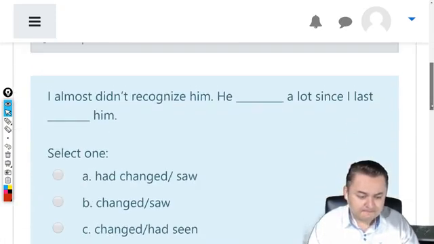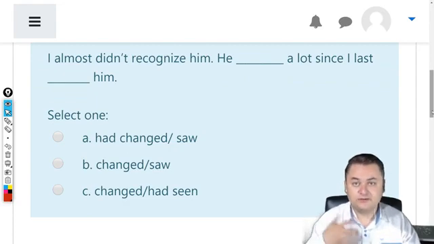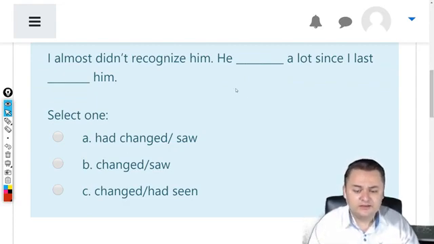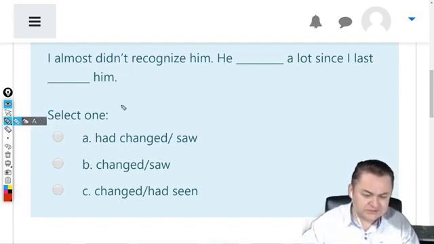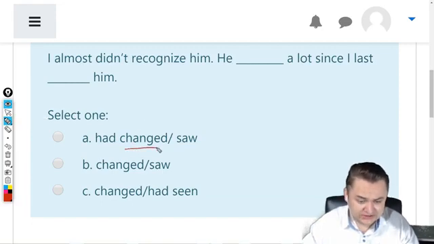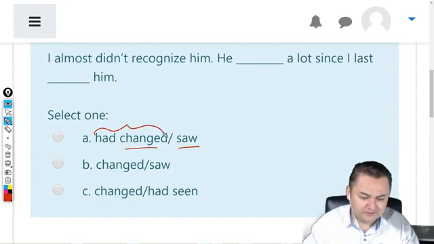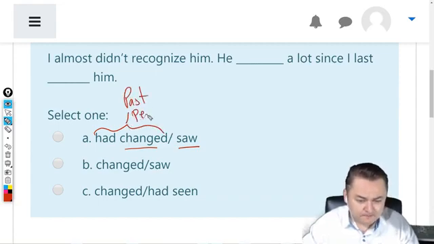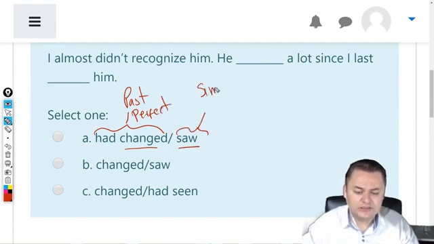And then, I almost didn't recognize him. So that is the past. Then, he changed a lot since I last saw him. First, he changed. Then, I saw him. So, the one that happened first goes in past perfect, and the second one goes in simple past.